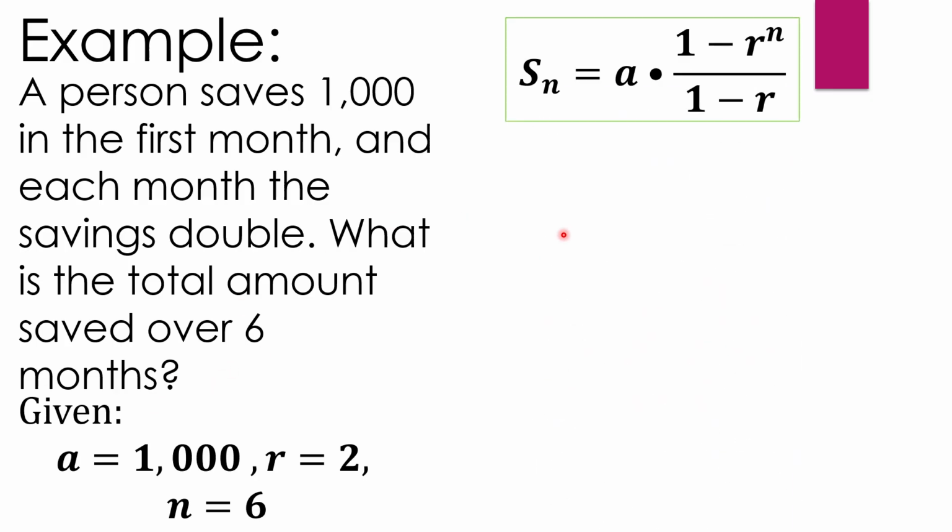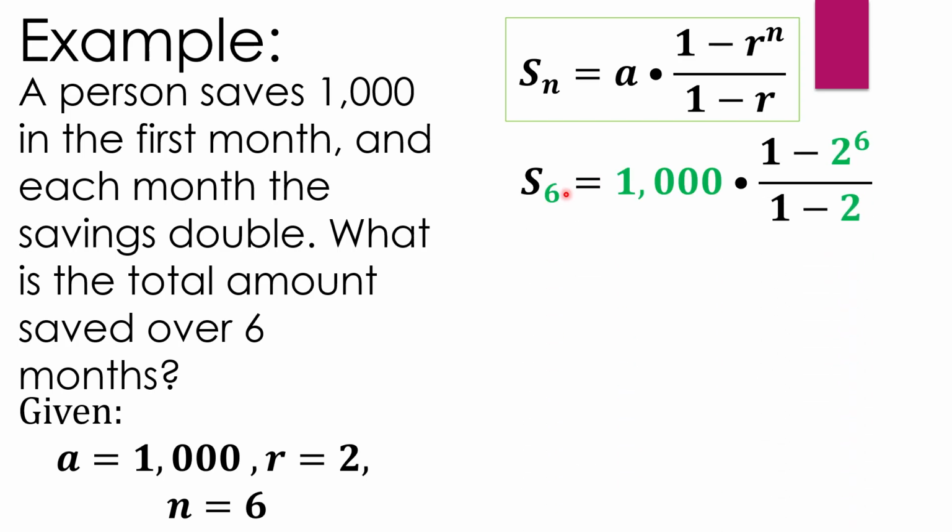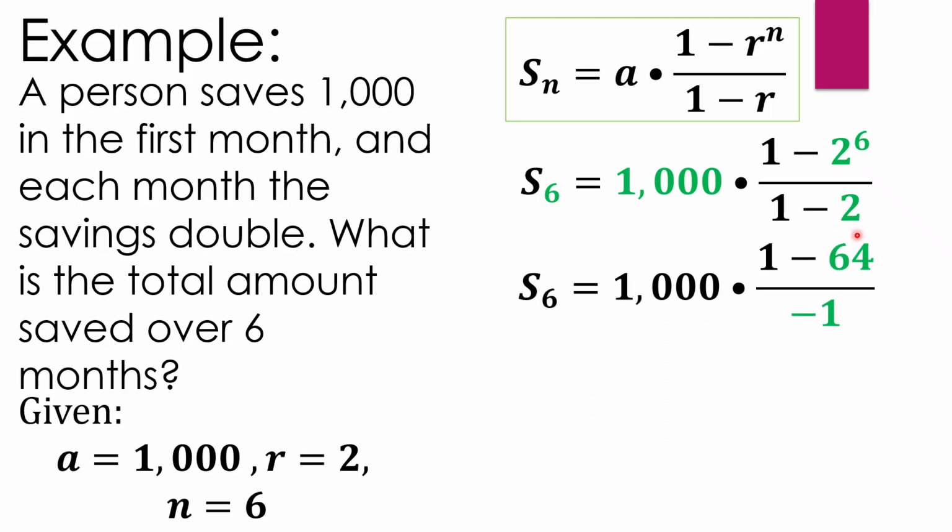Using the finite formula, just simply substitute all your values. The nth term is 6. The first term is 1,000. The 1 is given. The common ratio is 2, and the nth term is 6. Same with the lower part, or the denominator: 1 minus 2, the common ratio. Then simplify. 2 raised to 6, you multiply 2 by itself 6 times.